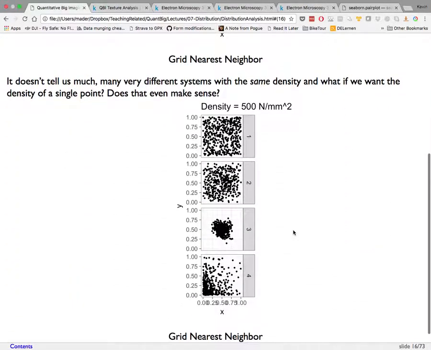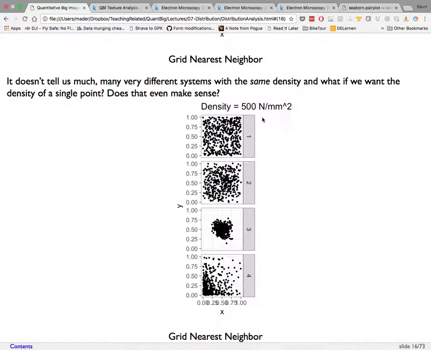Unfortunately, we have a problem where there are now a lot of different samples which have exactly the same number of points per volume, but look very, very different to us. Here, all of these have 500 objects per square millimeter, but the distributions in all of these are very different.